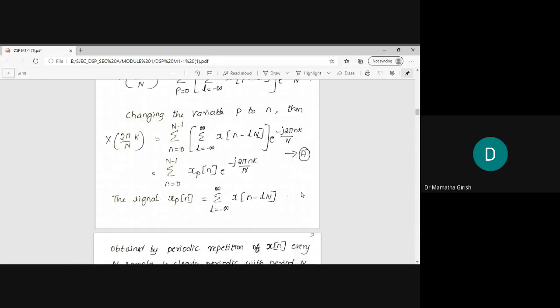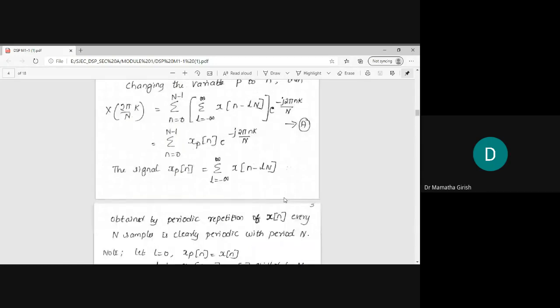And here I introduce a new variable for the square bracket term. That new variable is called xp of n. What is xp of n? Given by this particular formula.